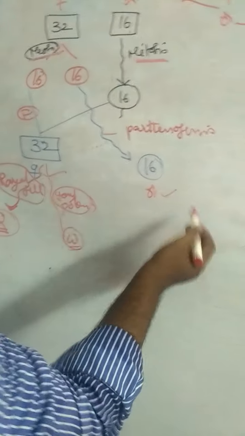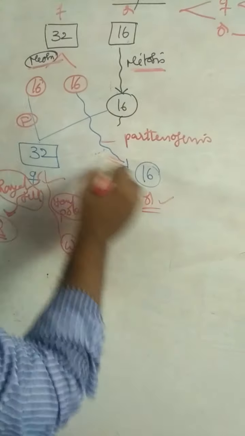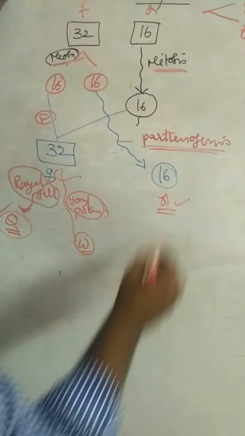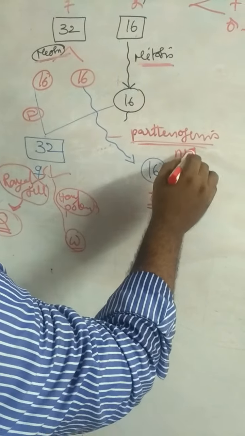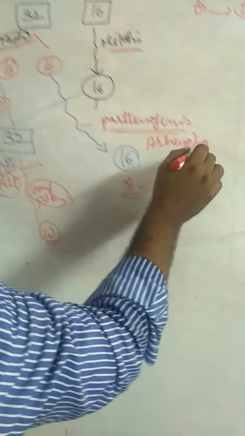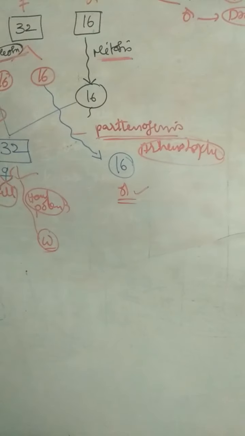Fertilized eggs become females. Unfertilized eggs become males, also called drones, by a process called parthenogenesis or arrhenotoky. That is about the sex determination method in honeybee.